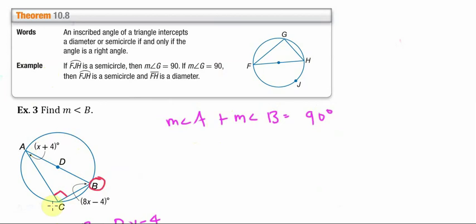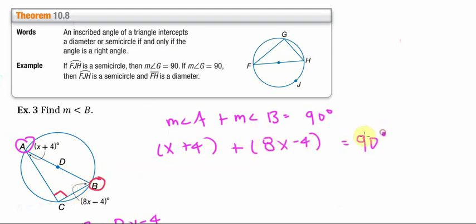Because if the whole entire triangle adds up to 180, if I subtract 90, naturally A and B will have to equal 90 to get to 180. So substituting in for the measurement of angle A, we again would have gotten x plus 4, and the measurement of angle B is 8x minus 4 equals 90, and so we'll still get x equals 10, but we have a little bit less to work with, so we could have solved straight from here if we wanted.